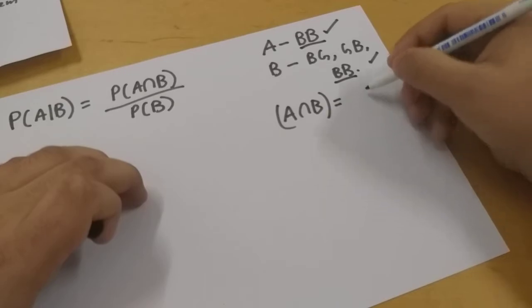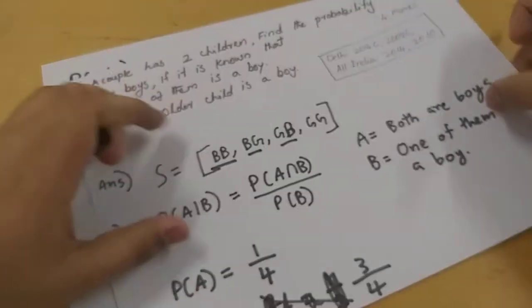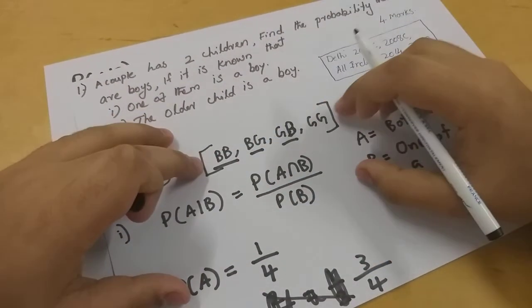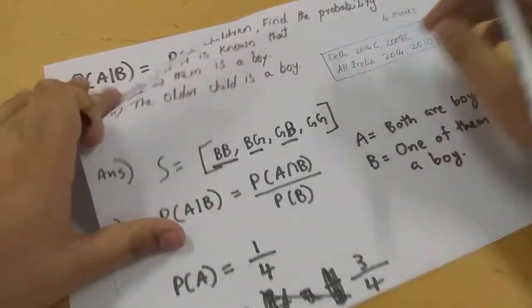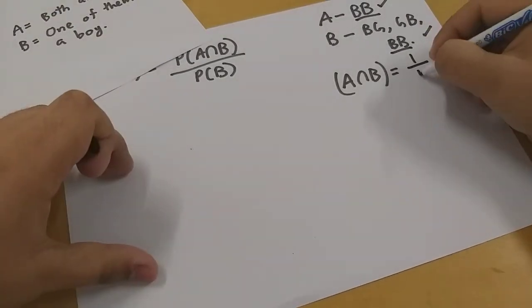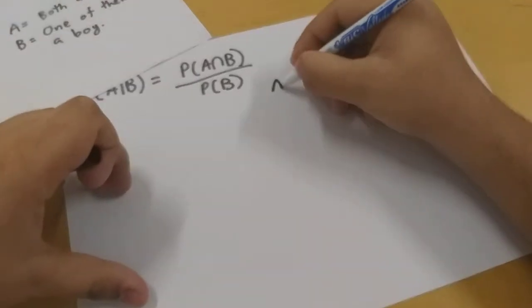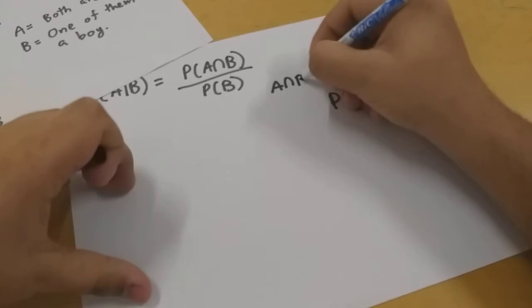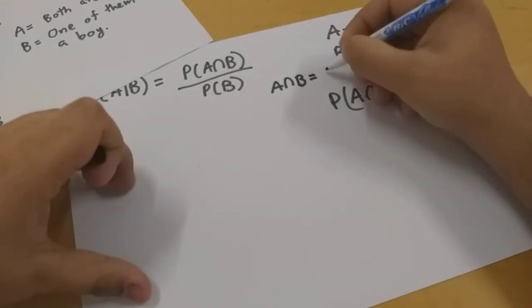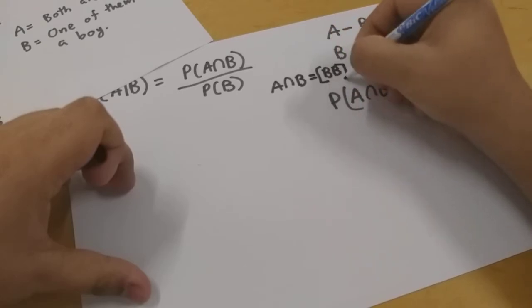So the probability of BB occurring in this set of 4 is 1 by 4. So P of A intersection B is 1 by 4. And the event A intersection B is the event BB.